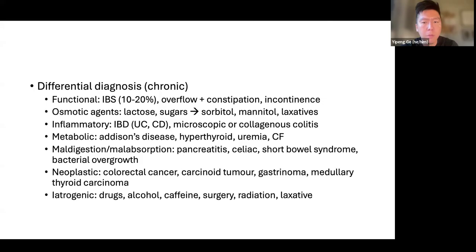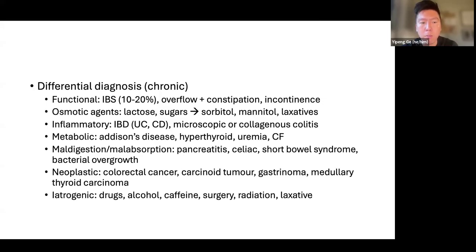Maldigestion and malabsorption. There are certain things that the pancreas excretes, but also certain ways in which, when you have something like celiac, you have an autoimmune attack on parts of the gut that leads to an inability to process gluten for celiac disease.